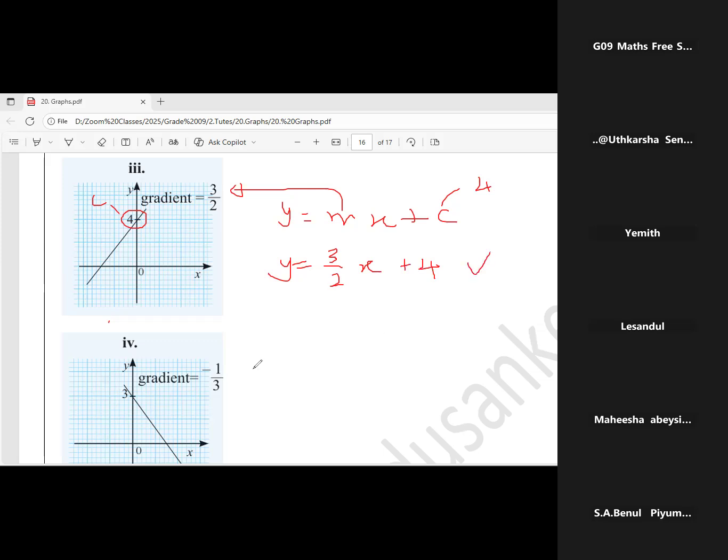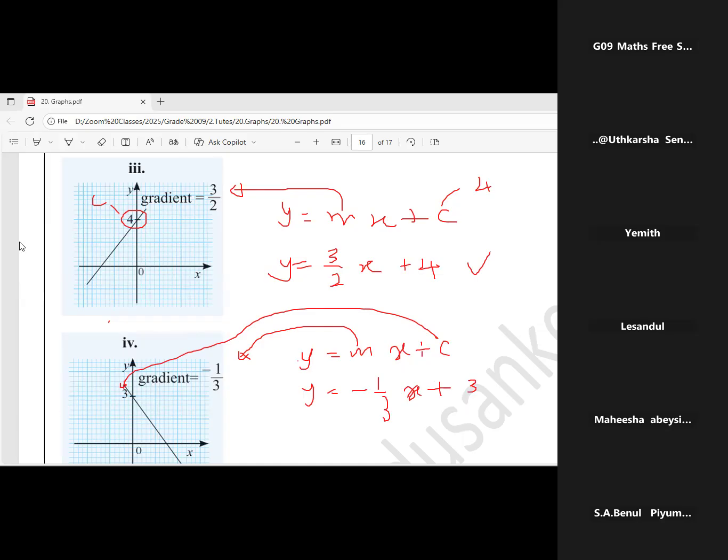Done. This one. So first of all, you need to write down the form of the function y equals mx plus c. You need to identify what is m, right, and what is c. Like there is y equals minus 1 upon 3 x plus 3.